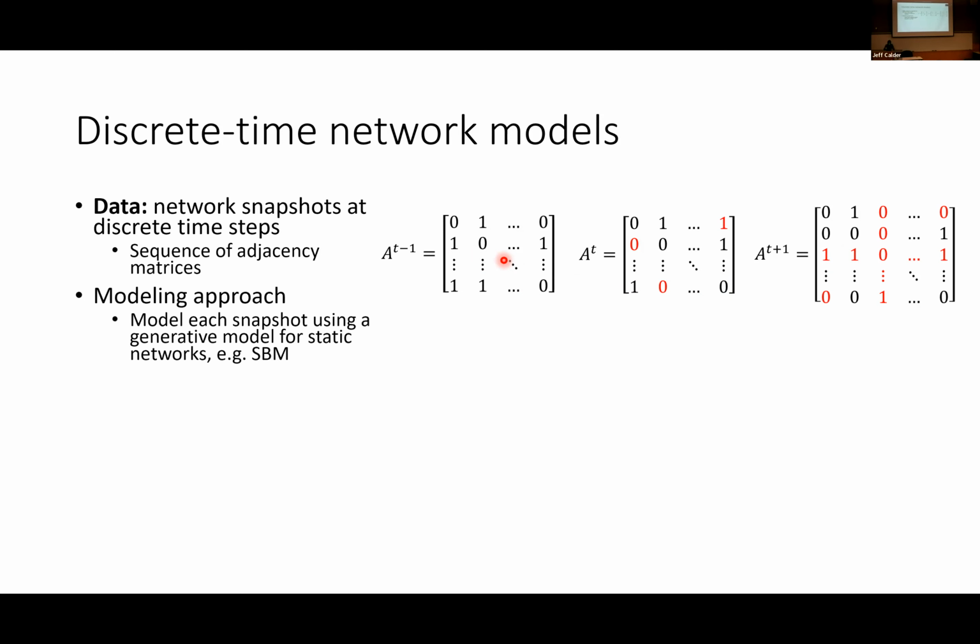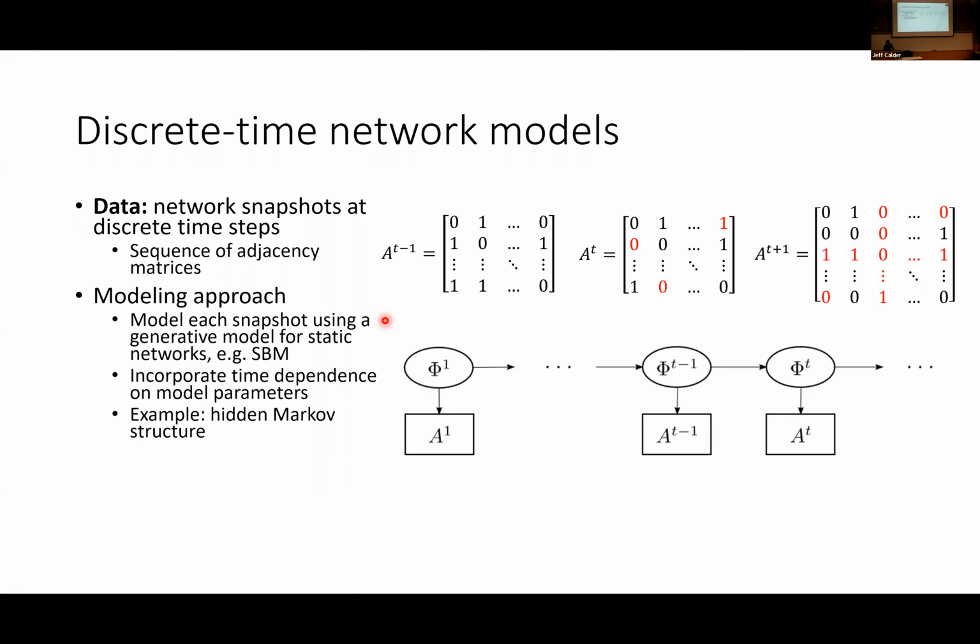And you model each snapshot using a generative model for static networks like a stochastic block model. And then you incorporate some time dependence on the model parameters. So what you observe here is this sequence of adjacency matrices, and you assume that the parameters or the latent variables here follow a Markov model, so that's where you have your continuity over time.